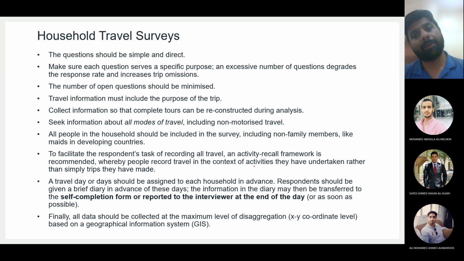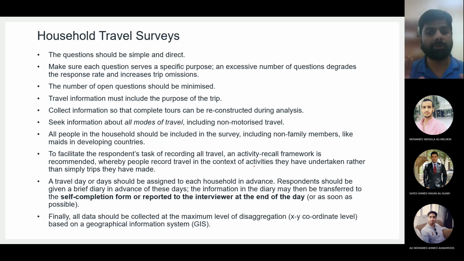So for example, I have to go somewhere in the evening with my family, then I may go somewhere else in the morning to get some work done, because in the evening I may not have the time. So usually people decide about their trips on a daily basis and in the form of groups.